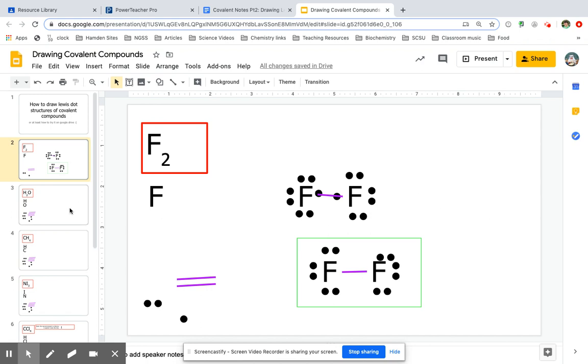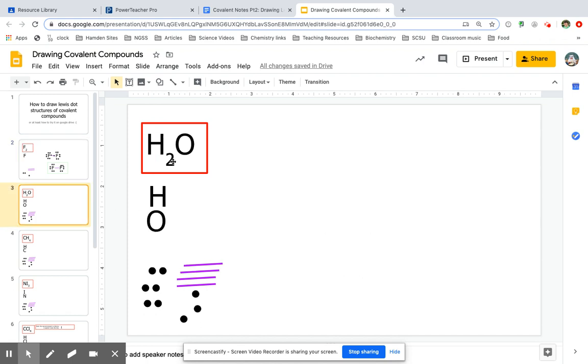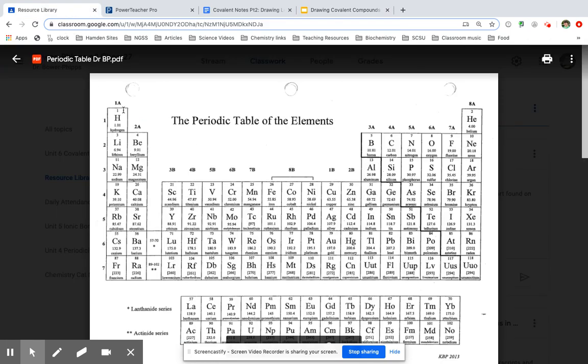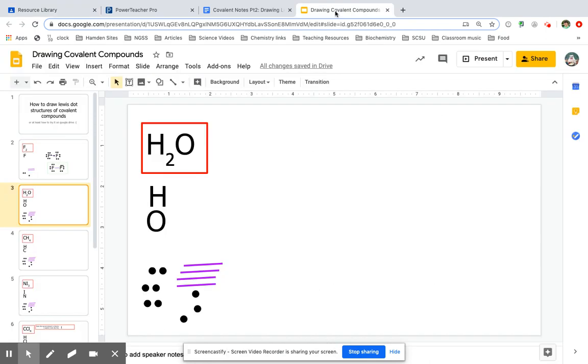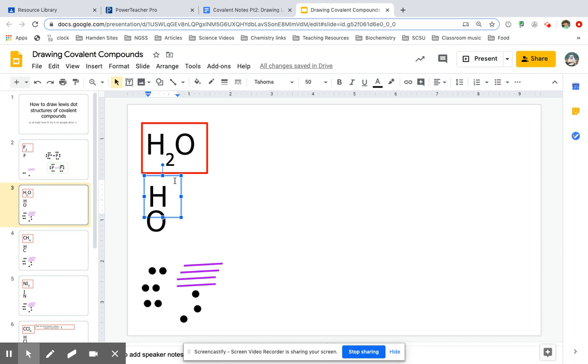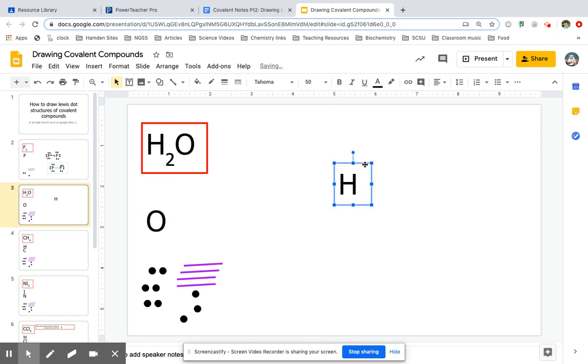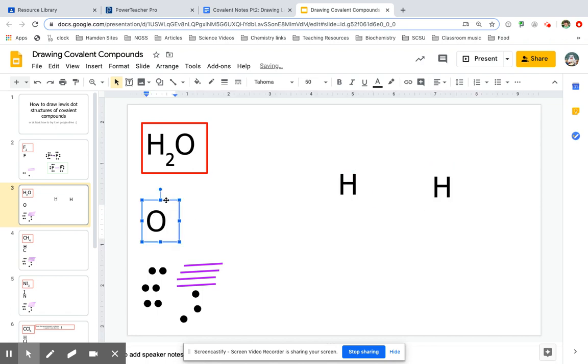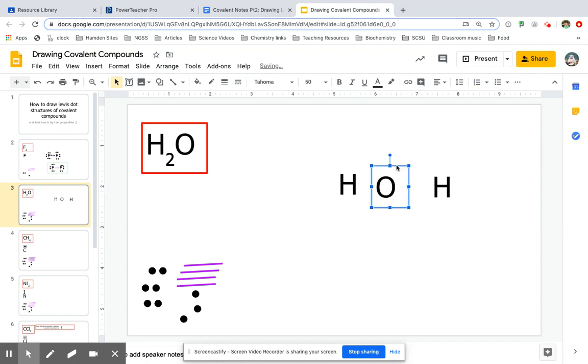I'm going to do 2 more examples with you. H2O. That means that there are 2 H's, 1 O. Each H has 1 valence electron, and each O has 6 valence electrons. So let's draw that. We've got our H, and we need another H, 2 H's, 1 O. Each H has 1 valence electron.